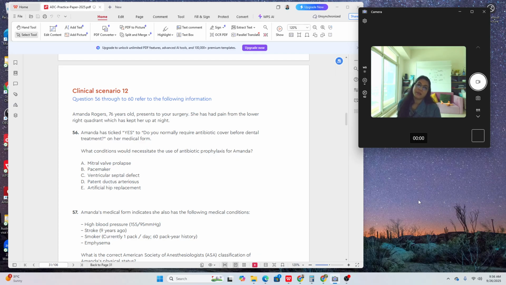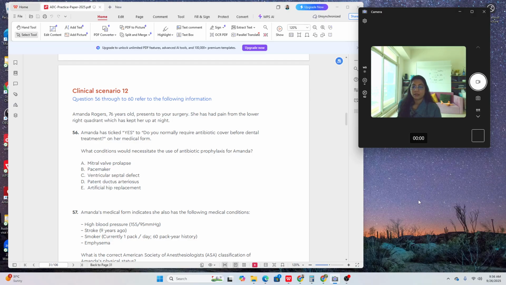And as per the American Heart Guidelines released in 2022, it's not required for prolapse. Pacemaker, no, not required. VSD, again, it is a congenital defect, no doubt.